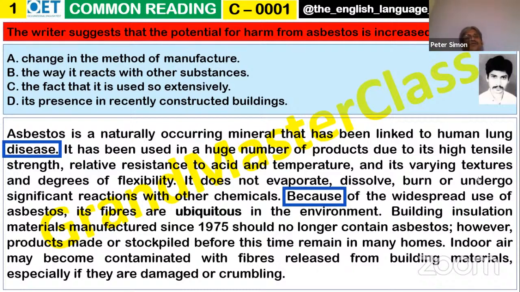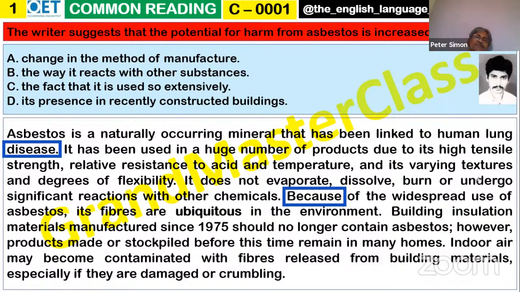Asbestos is linked to human lung disease. There is a connection between asbestos and lung disease. That means wherever asbestos is, there is lung disease, for those people who are living in an asbestos-surrounded environment.